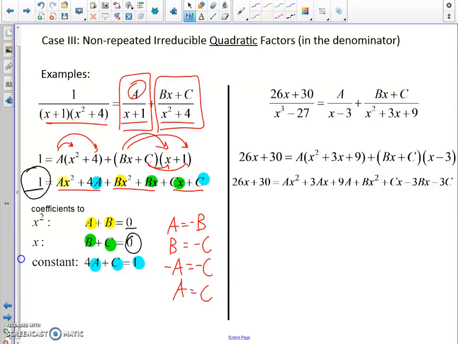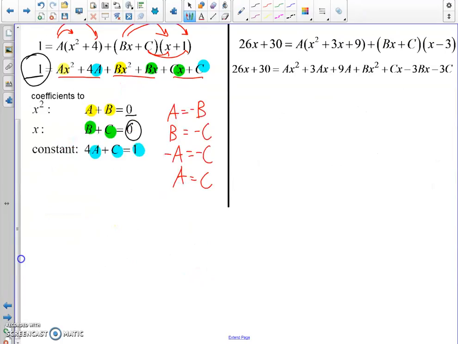Take a moment to look at that. Since a is c, I now have 4c plus c is equal to 1. 5c is equal to 1, so c is 1/5. Since a is equal to c, a is also equal to 1/5, and b is the opposite of c, so b is negative 1/5.